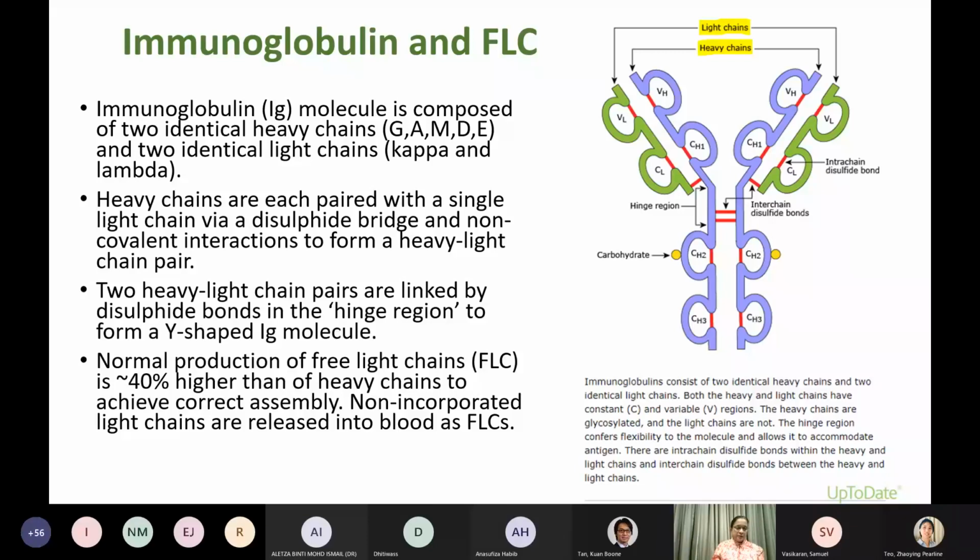Normal production of light chains is approximately 40% higher than of heavy chains to achieve correct assembly. Non-incorporated light chains are released into blood as serum-free light chains.